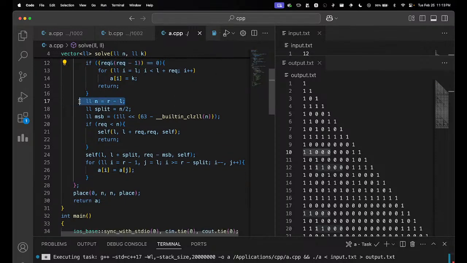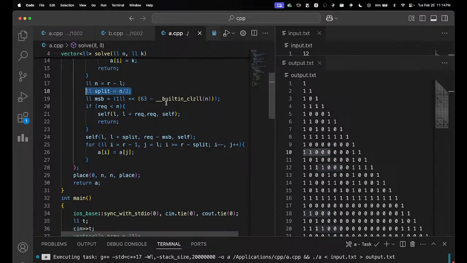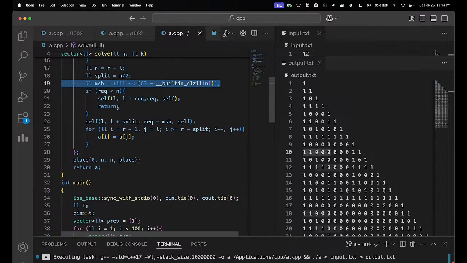Now for the other case, I take n. What do I need to make? Technically, n is not required. You can just go for required. I am stupid, you can do it much more easily. And then I take the split point, and once I get the split point, this is why you require required instead of n.